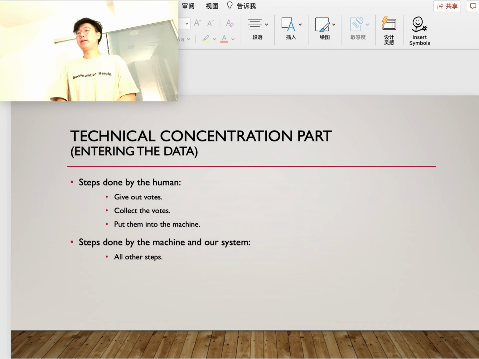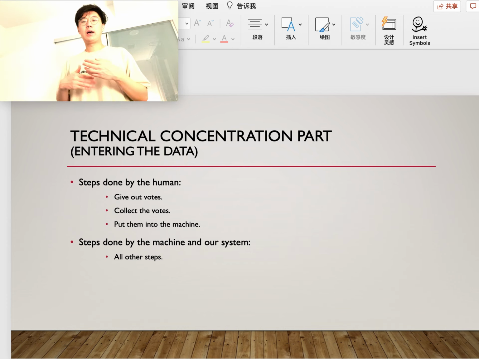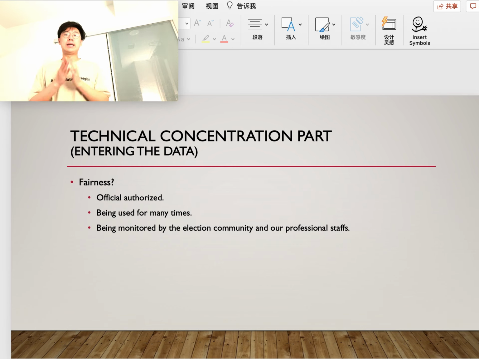There is another big issue with traditional paper votes, and this one is fairness. From history, we know that even in some big and essential elections, something went wrong because some staff made changes to the votes, which can make the result unfair.